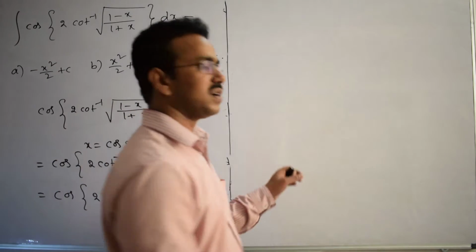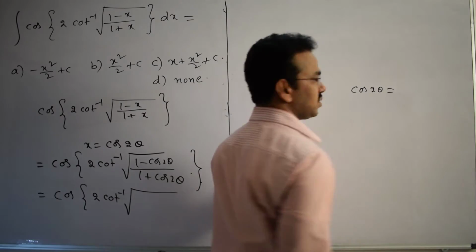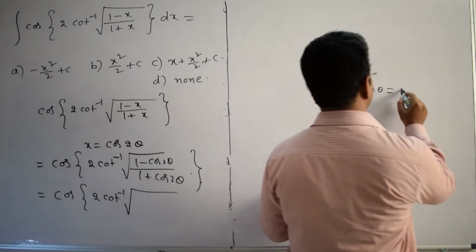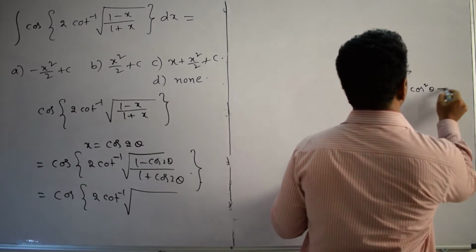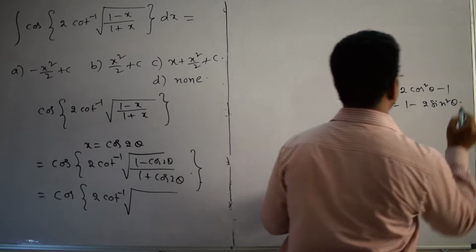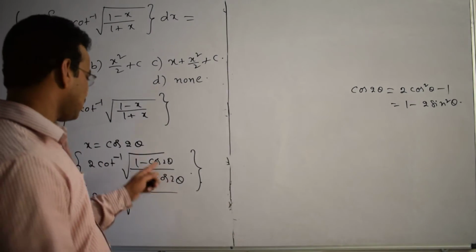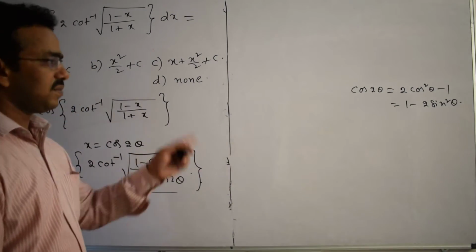What is the formula of cos 2 theta? There are two formulas for cos 2 theta. Cos 2 theta equals 2 cos square theta minus 1, and another formula is 1 minus 2 sin square theta. Now I require minus 1 in the numerator, so I am going to apply the second formula in the numerator and the first formula in the denominator.